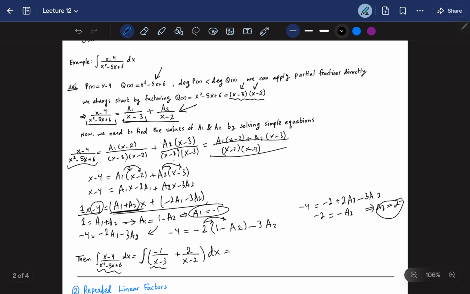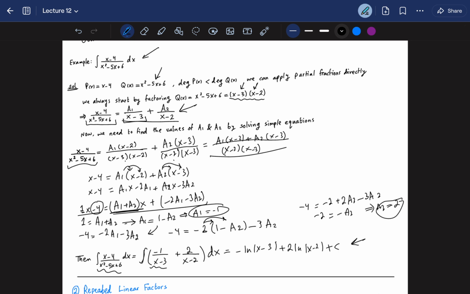And now this is just negative ln of x minus 3 plus 2 ln of x minus 2 plus c. So here we started with something that's very difficult to integrate, that we don't know anything about, and turned it into something that we were able to integrate easily with just one line. So that's why partial fractions are helpful.